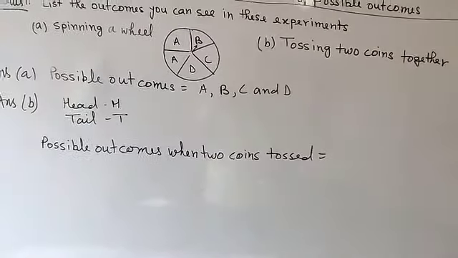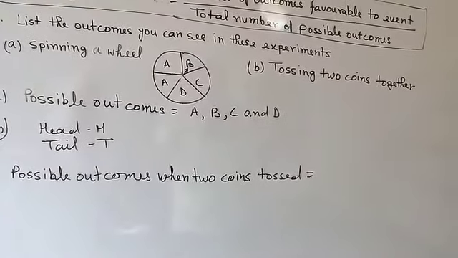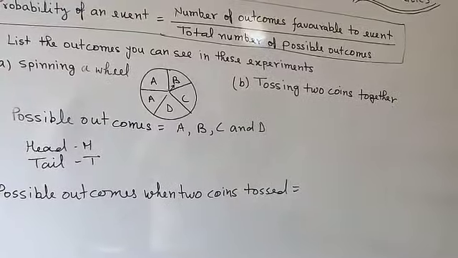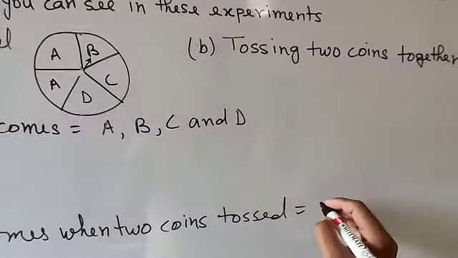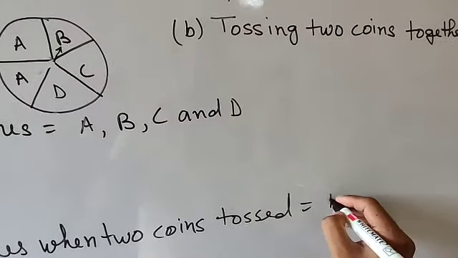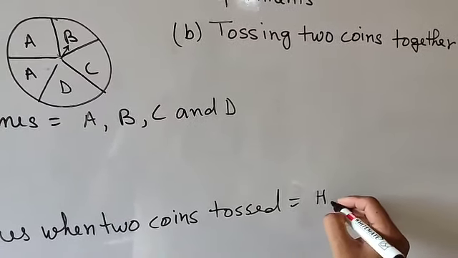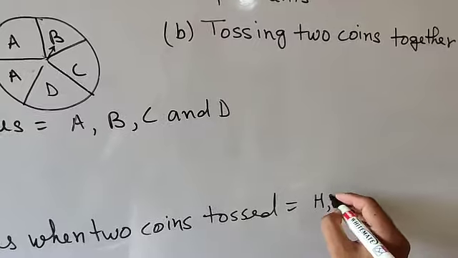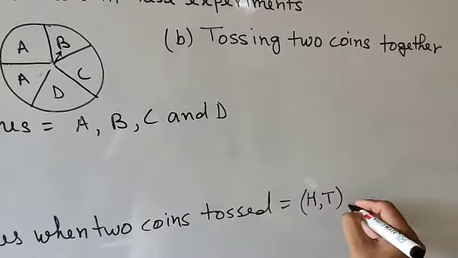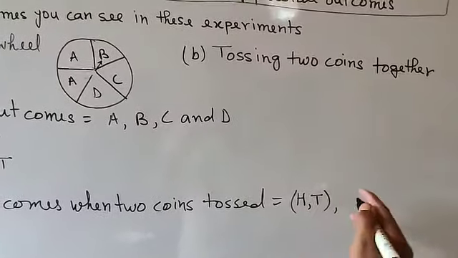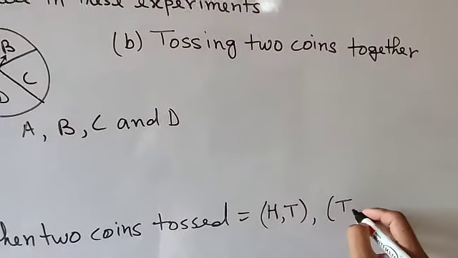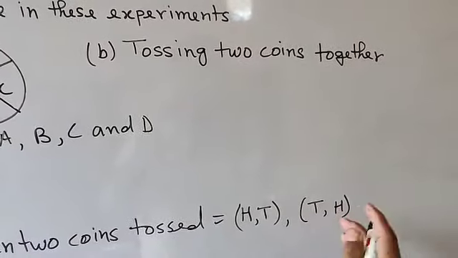If only 1 coin is taken, there will be 2 possible outcomes, head or tail. But if you take 2 coins and toss both, then 4 possible outcomes will be there. First, on the first coin head and on the second tail, that is the first possible outcome. Second, on the first coin tail and second coin head, that is the second.